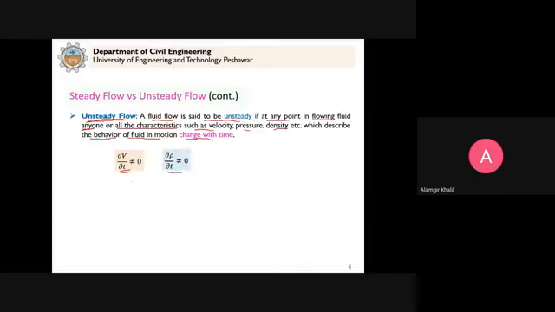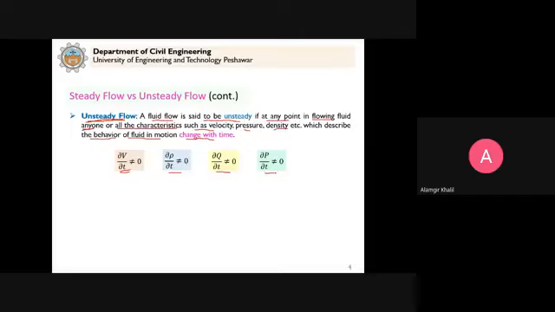Similarly, partial rho by partial T not equal to 0, partial Q by partial T not equal to 0, partial P by partial T not equal to 0. So all the characteristics which describe the behavior of fluid in motion, or even any one of them, if that is changing with respect to time, we will say that it is unsteady flow.